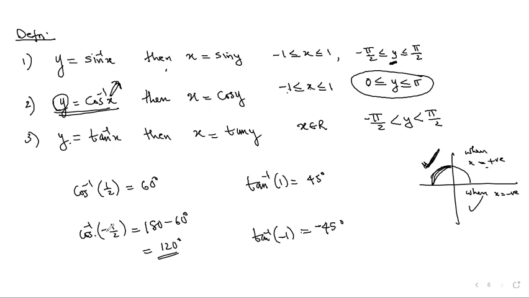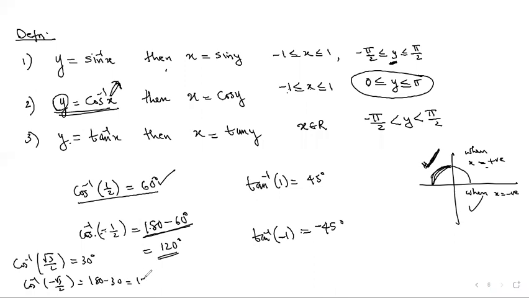So if I have cos inverse of minus half, how to calculate it? You know, cos inverse of positive half is 60. For negative, what will you have to do? Subtract from 180: 180 minus 60. Again, cos inverse of root 3 by 2 is 30. But what will be cos inverse of minus root 3 by 2? It will be 180 minus 30.